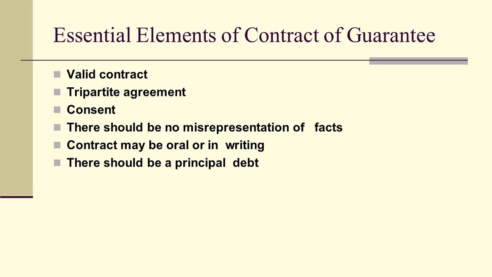So it's also an essential element of a contract. Facts of the contract must not be misrepresented by any person involved in the contract. For example, the principal debtor cannot misrepresent the facts of the contract, the surety also cannot misrepresent the facts, and the creditor also cannot misrepresent the facts of the contract.